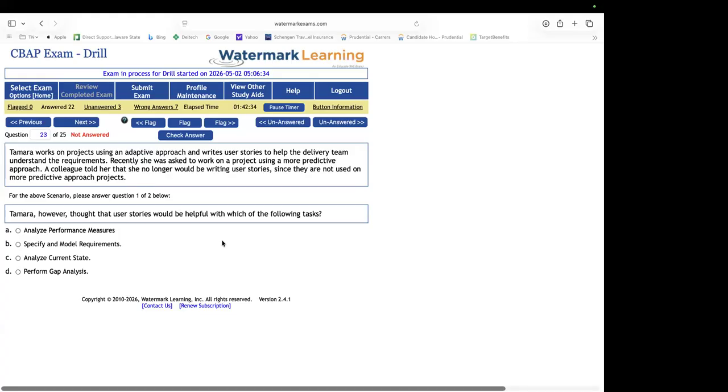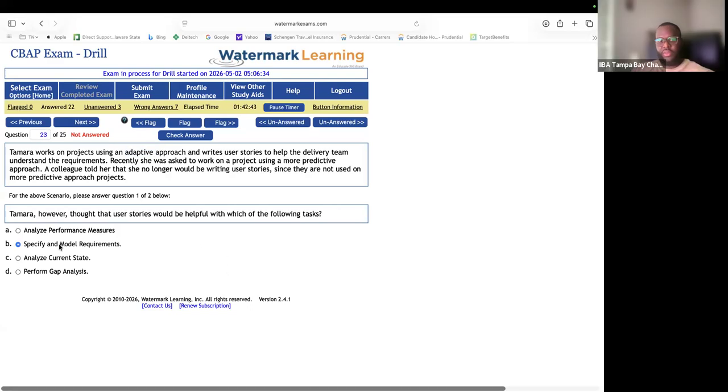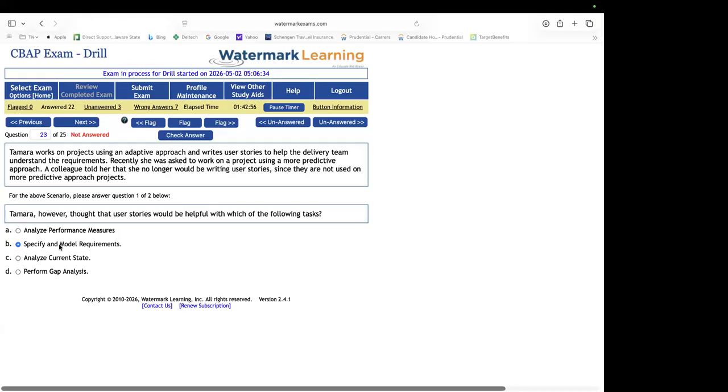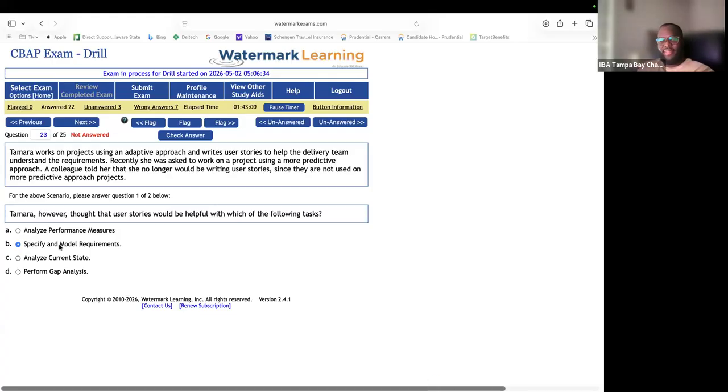User story for model requirements. Specify a model requirement. That's what you said, B, like Bahamas? Yeah. Okay. Any other opinion? B, to specify a model requirement.